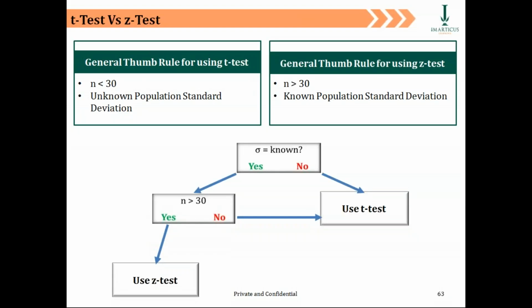And this is the thumb rule between the Z and t-test. Just go through, you will understand it.